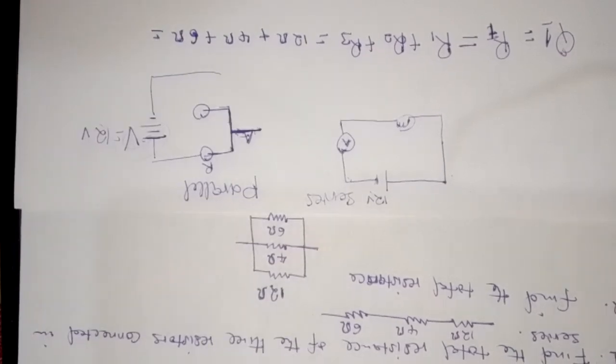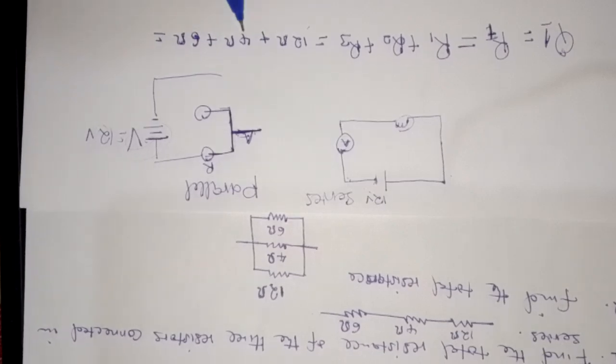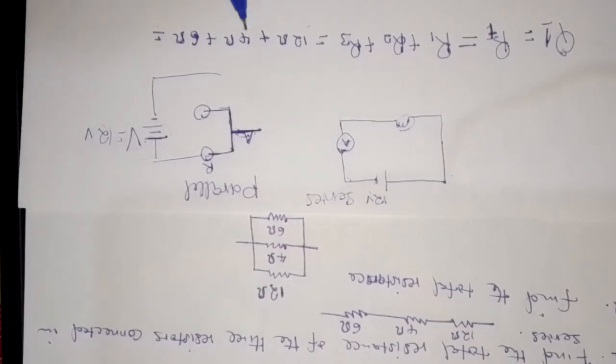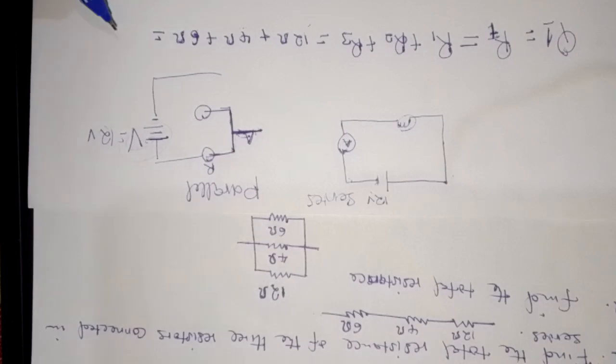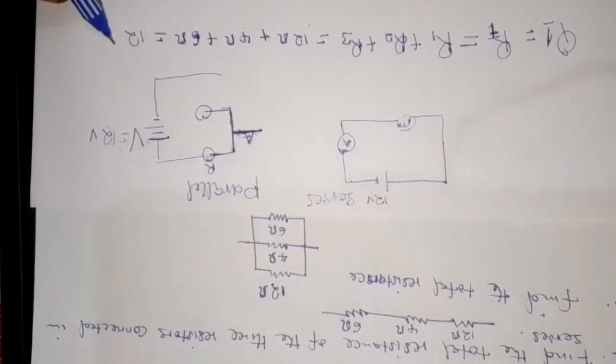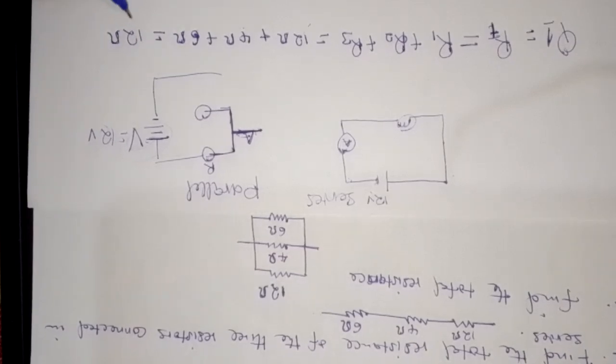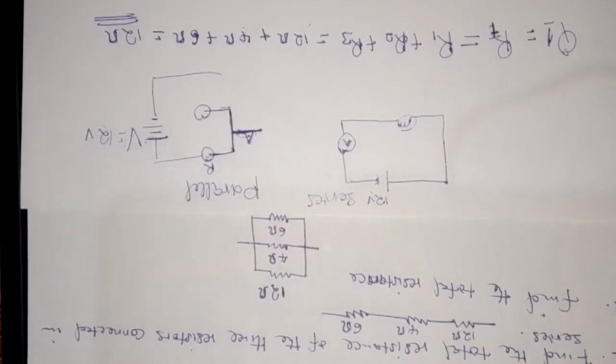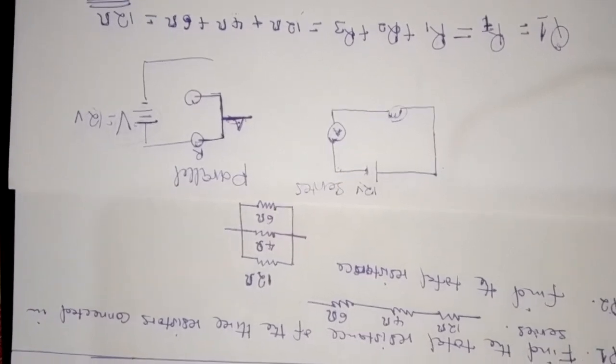If you add 6 plus 4, it is 10. 10 plus 12 is 22. So this is our final answer when it is connected in series.